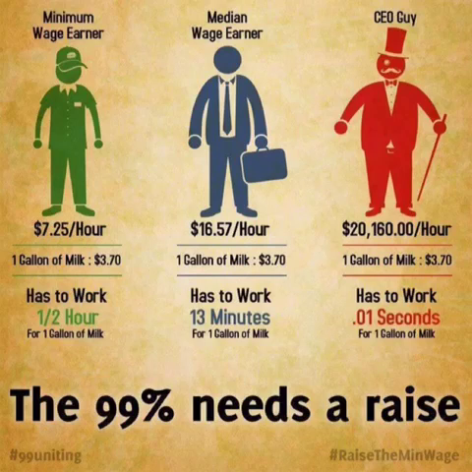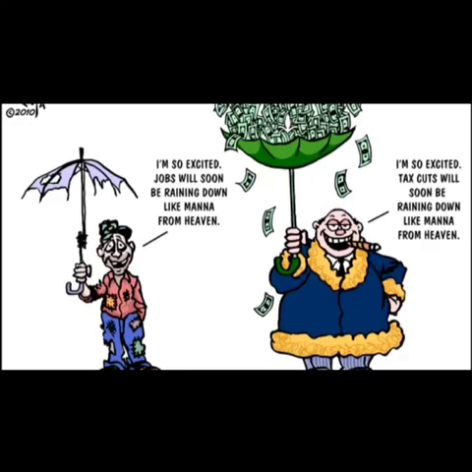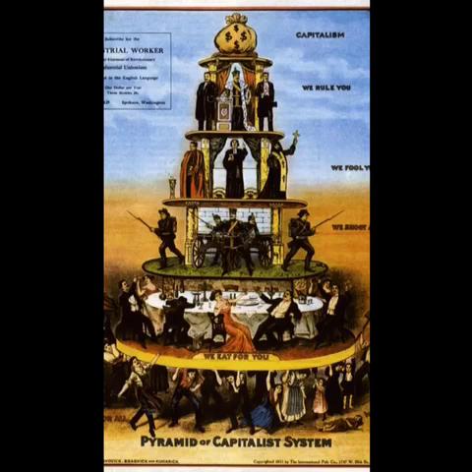This image clearly defines the stratification between the minimum wage earner, median wage earner, and an average CEO wage earner. How is this social stratification linked to the conflict theory, one may ask? The lower pay that an owner can give for labor means the more profit the owner can get out of the labor he pays for.